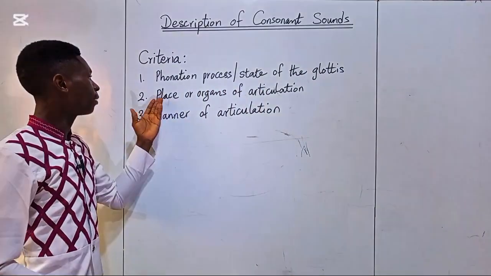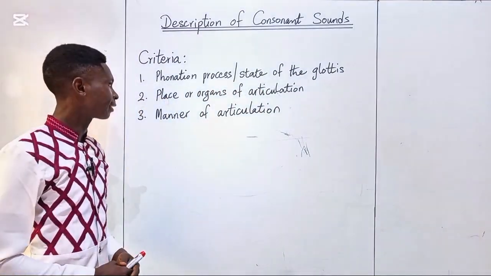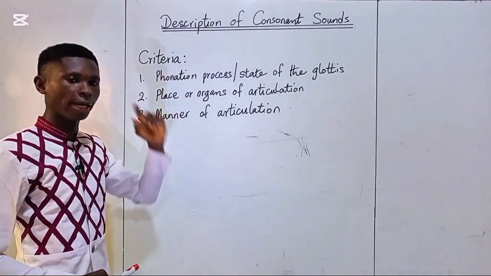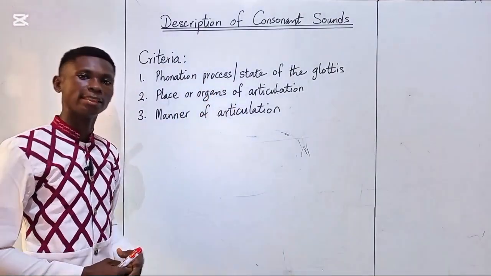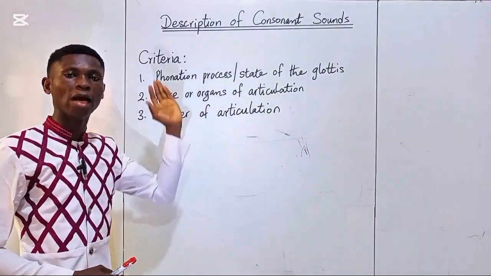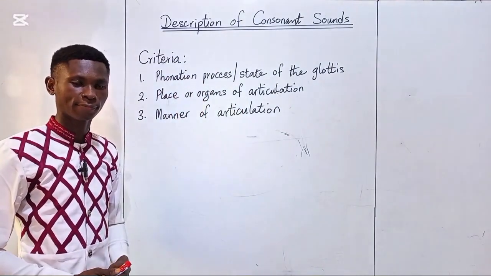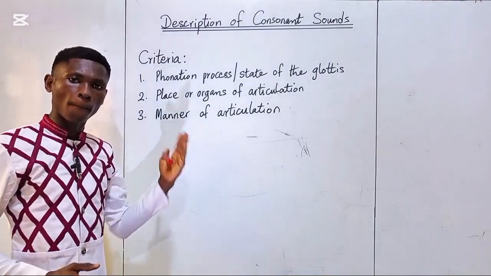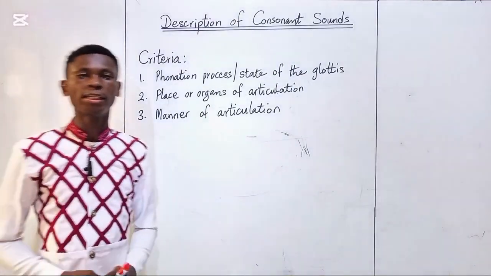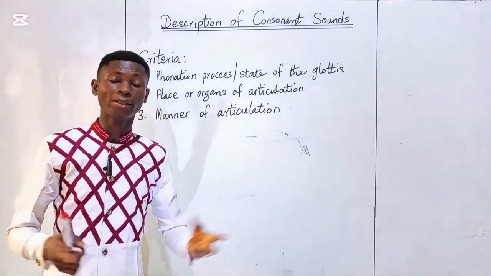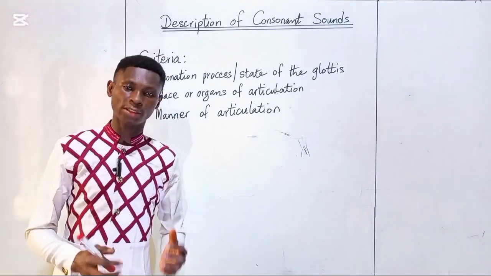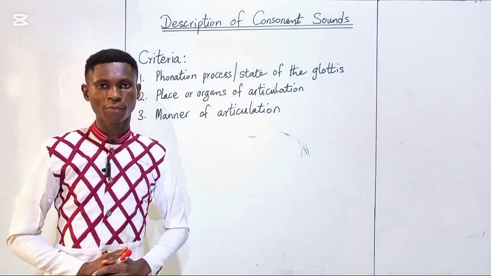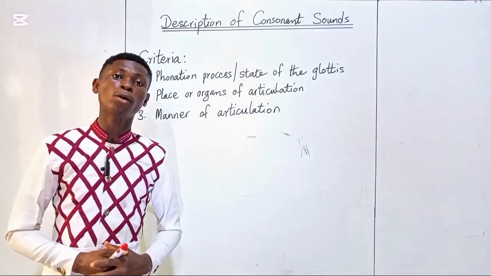So when you're talking about place in this context, you're referring to organs. Place of articulation is the same thing as organ of articulation. So by place or organs of articulation, I'm referring to those parts in the mouth that aid the articulation of consonant sounds.